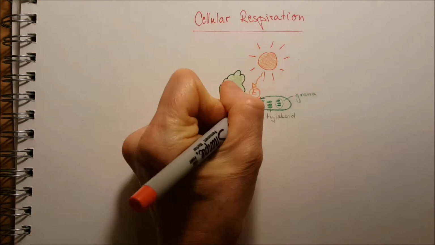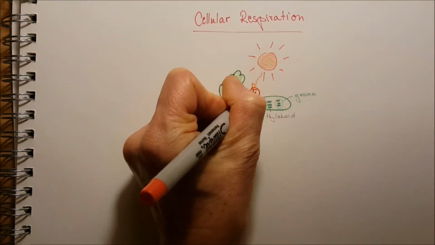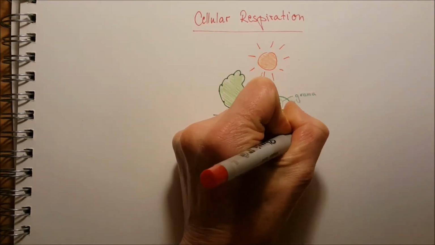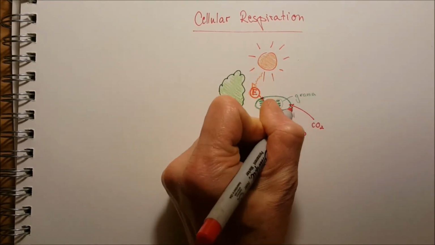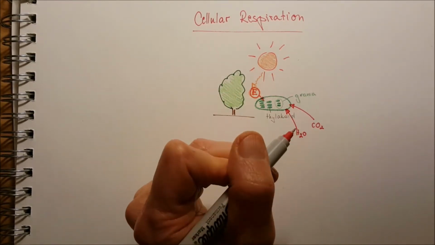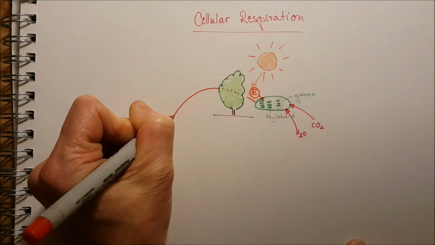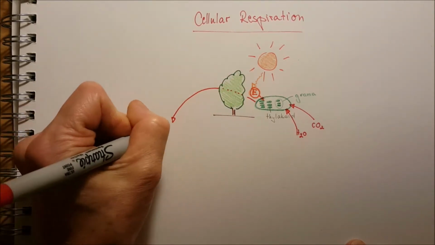Chloroplast that has the grana, the thylakoid membrane. So the energy is captured by the chlorophyll in the chloroplast and uses the energy as well as the water and carbon dioxide from the air to produce carbohydrate.